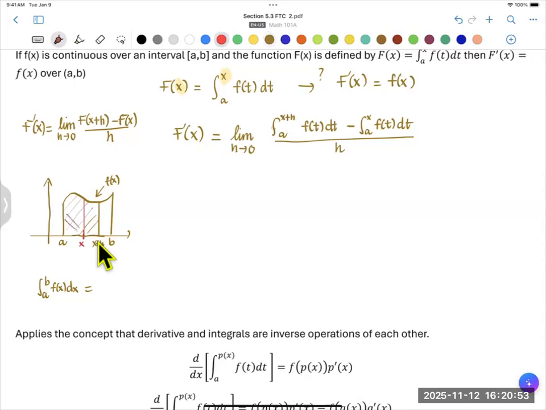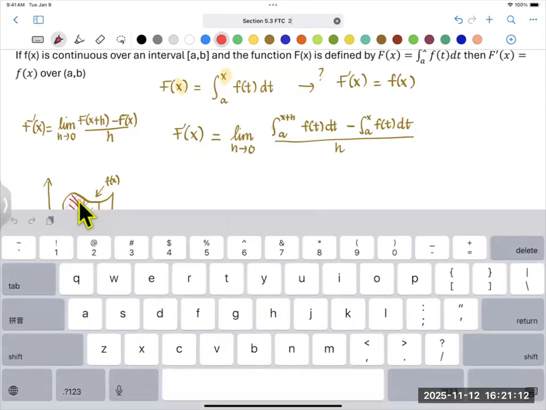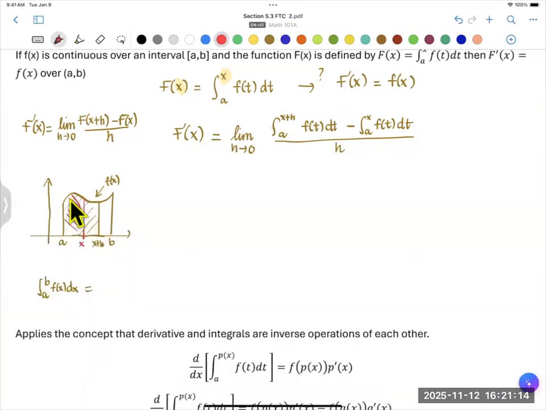This is x plus h. So the integral from a to x plus h is this big area right here, and the integral from a to x is the red area right here. If I find the difference between this big area and that red region, I will have the area under the curve between x and x plus h.